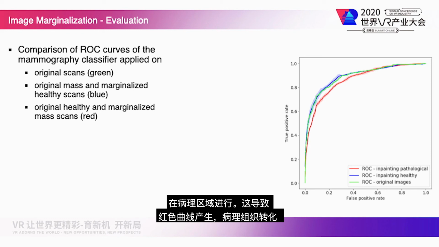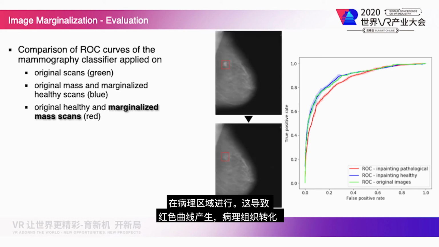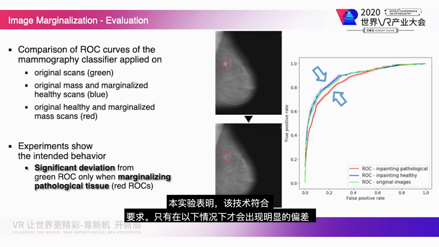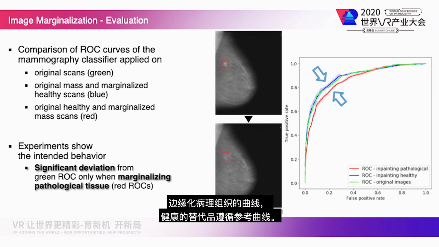This results in the red curves. Pathological tissue transforms into healthy, as visible in the red boxes of the example mammography scans from top to bottom. This experiment shows that the technique meets our demands. Significant deviation is visible only when marginalizing pathological tissue. The curves of healthy replacements follow the reference curve.